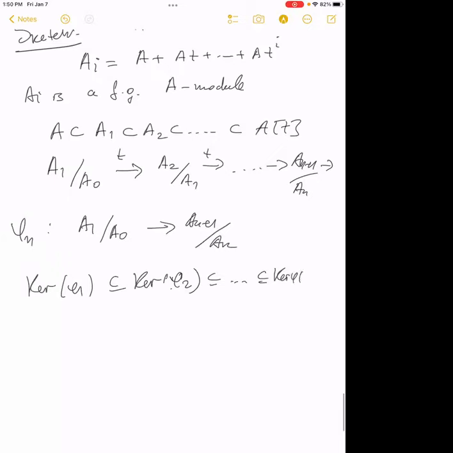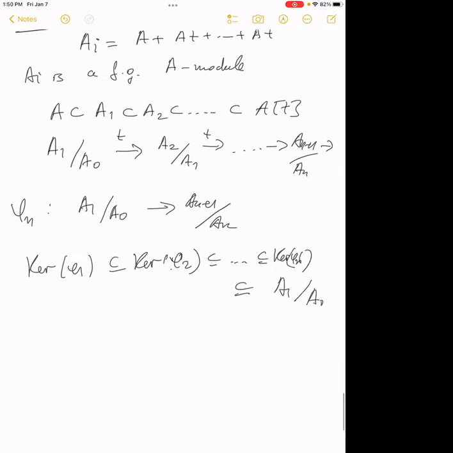But notice that these kernels are all submodules of A1 divided by A0. And A1 quotient A0 is a Noetherian module, a finitely generated A module. So that chain must stabilize eventually.